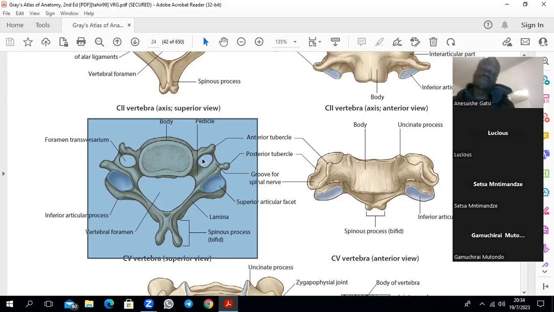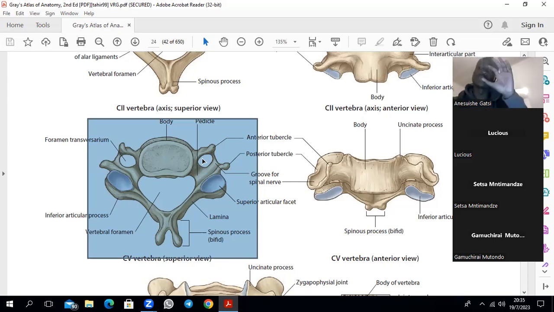Then there's what we call Hangman's fracture and Jefferson's fracture. To go into the mechanics of that is a bit of pathology, but just remember that Jefferson's fracture is a fracture of C1 versus Hangman's fracture, which is a fracture of C2. To be specific, you'd have a bilateral fracture of the pars interarticularis, but don't worry about that.